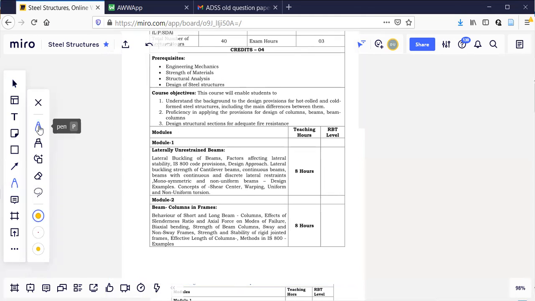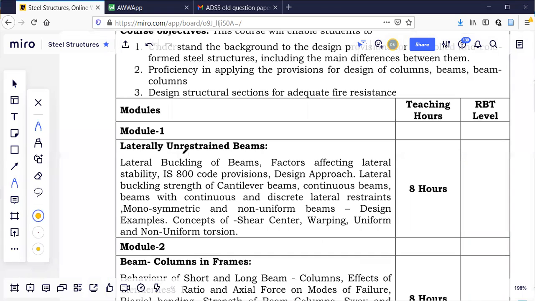Only one word changes, but the level of difficulty is slightly more now. You can see laterally restrained and unrestrained beams. The first chapter here, laterally unrestrained, is just an extended chapter of design of beams.